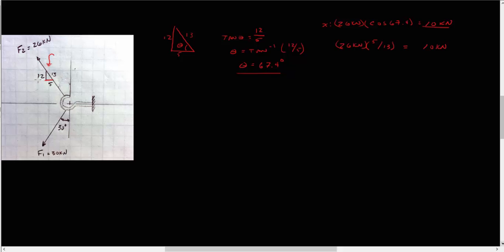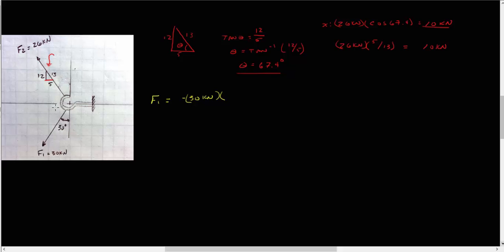So let's go ahead and solve this using vector notation. So I've got force 1 is equal to negative 30 kilonewtons, because it's going in the negative x direction.